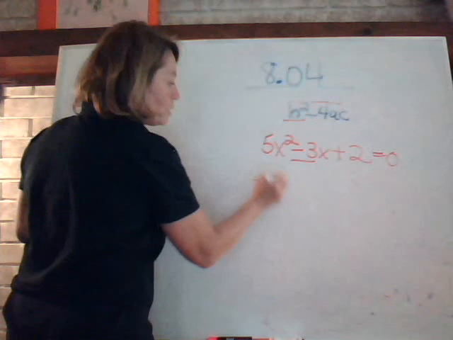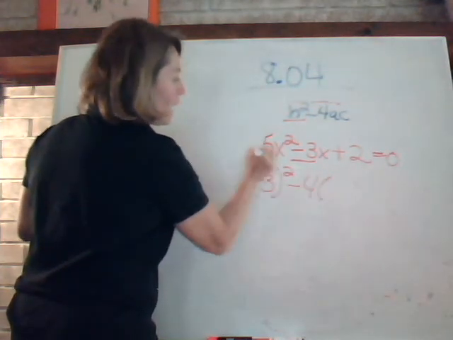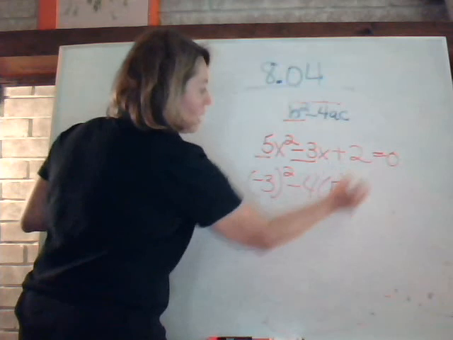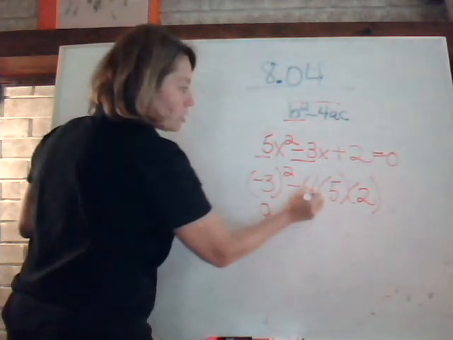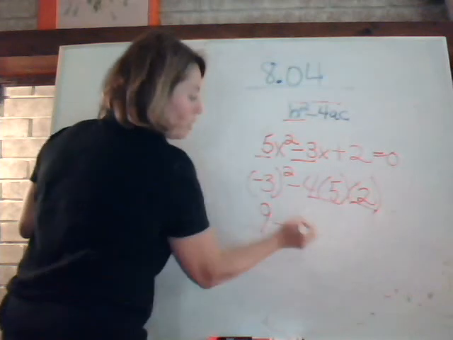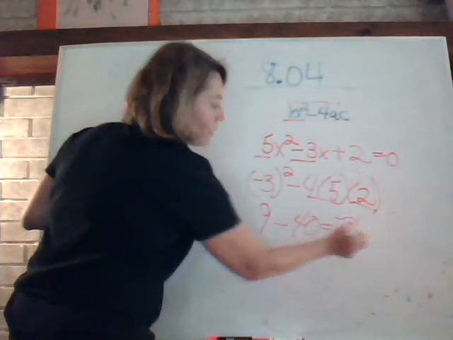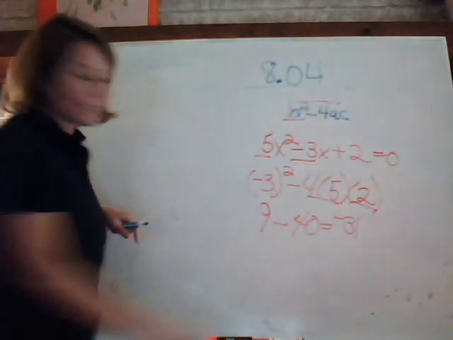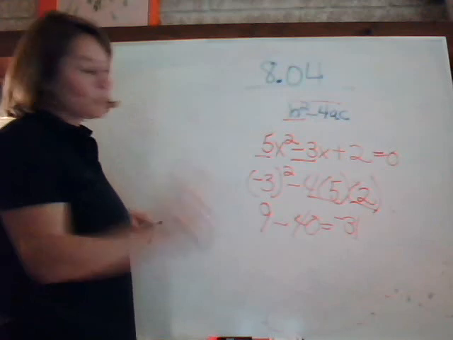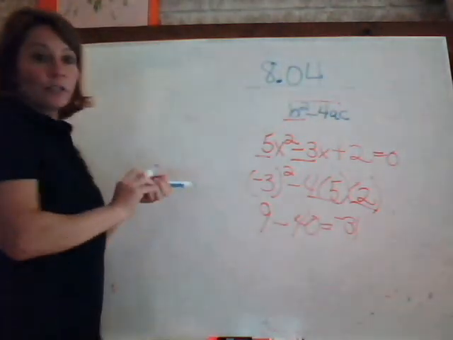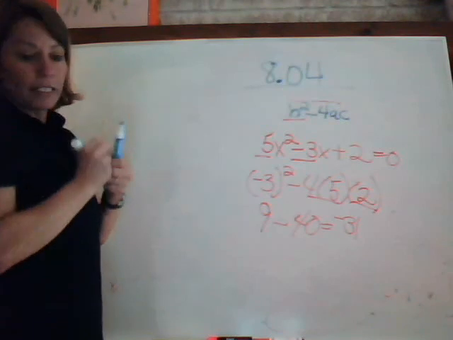So negative 3 squared minus 4 times a times c. 9 minus 20 times 2, 9 minus 40 is a negative 31. Okay, what have I got? A negative. Can you take the square root of a negative number? Only in imaginary numbers. So this one has no real solutions. So there was one of each of those. And that's how you decide discriminants.